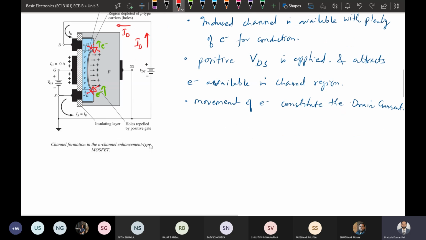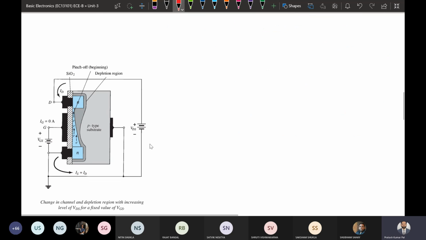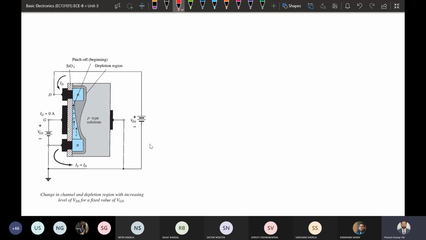So the depletion region has increased on the drain side, but on the source side it is similar in nature. There is less depletion region on the source side, but on the drain side there is more. Because of this depletion region, there will be a reduction in the channel region. So initially the channel was flat.